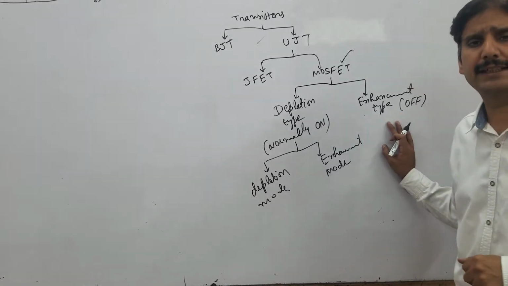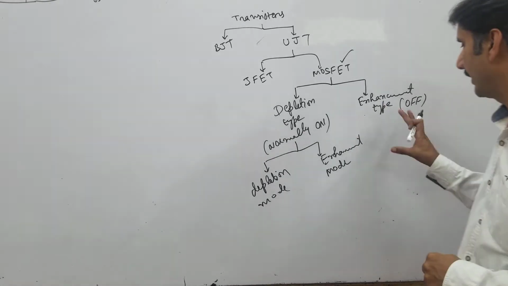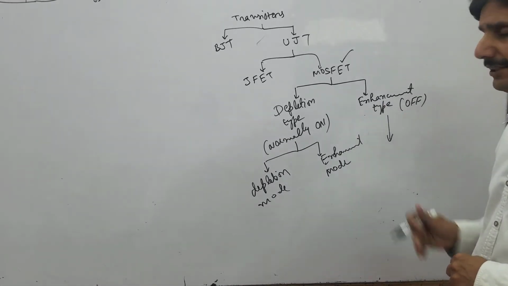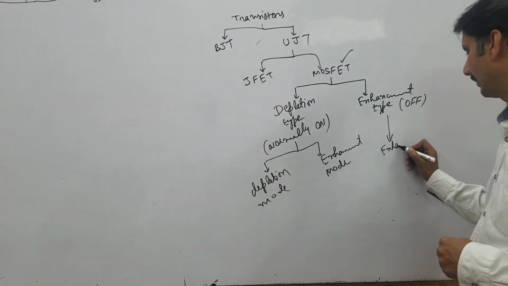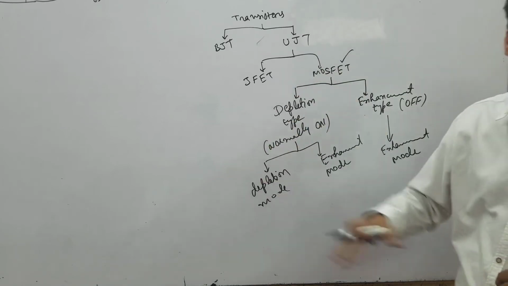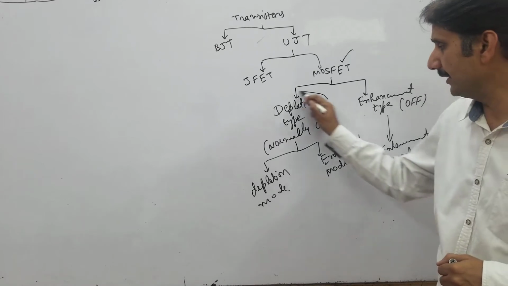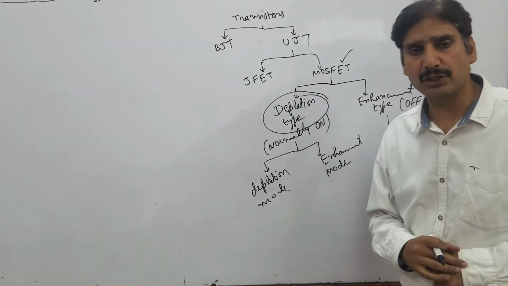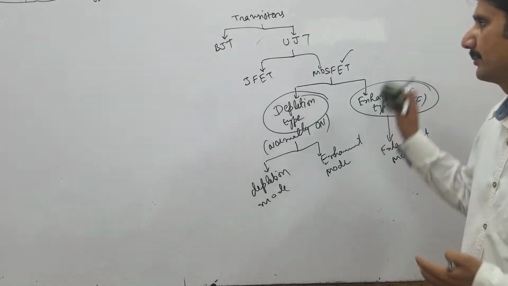In digital electronics, normally we use enhancement type MOSFETs. What are enhancement type MOSFETs? They can only be operated in enhancement mode. I'll explain all these one by one. So first of all, let's come to the construction of depletion type MOSFETs and the construction of enhancement type MOSFETs.